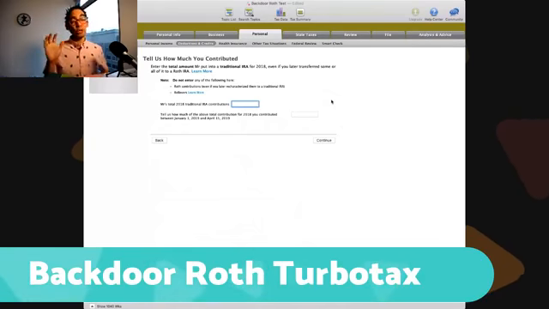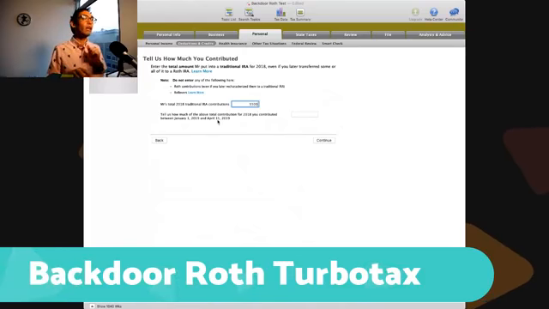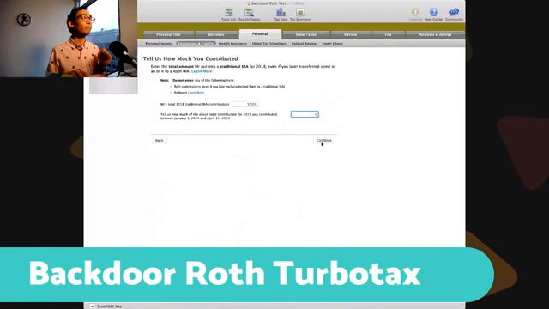Remember, you actually have until April 15th to do this, but we're going to assume that we did it already. So we're going to type in 5,500, which was the maximum you could contribute to a traditional IRA for people under the age of 50 last year. How much of it was contributed between January and April of this year? None, because we did all of it last year.